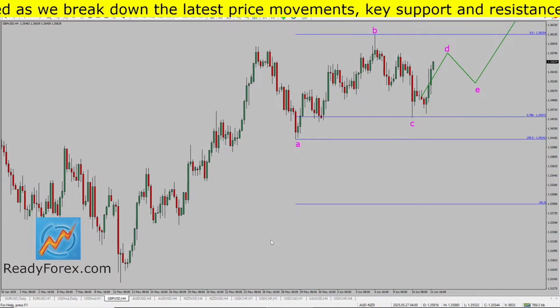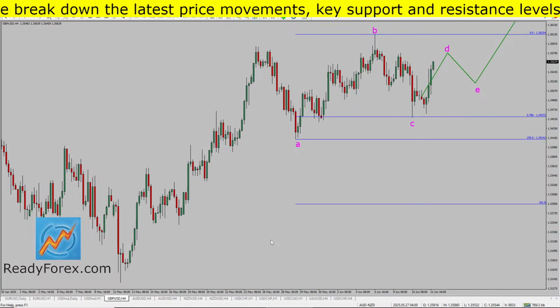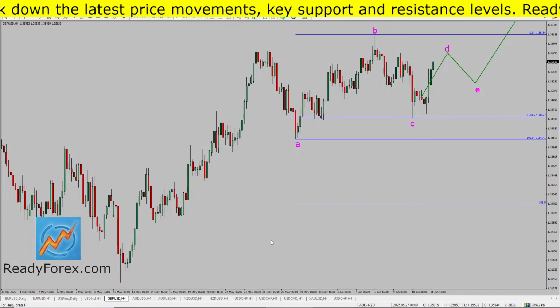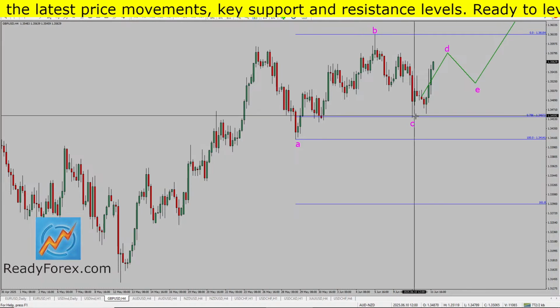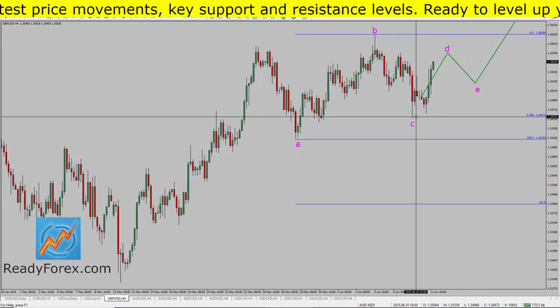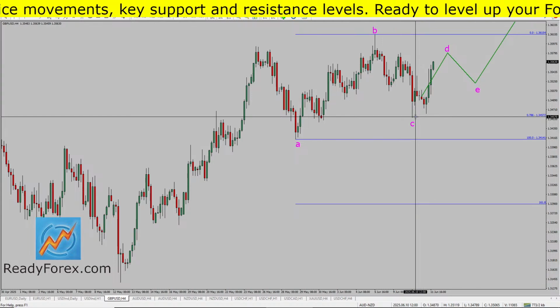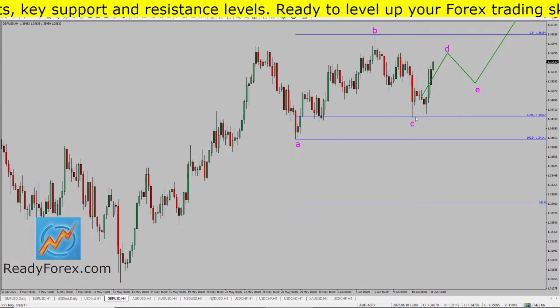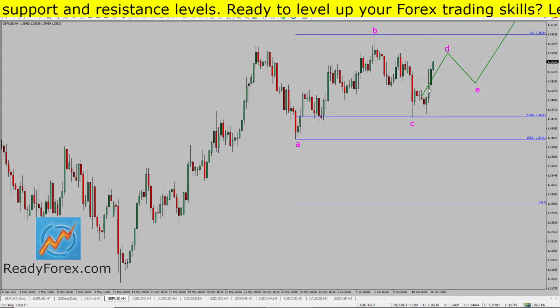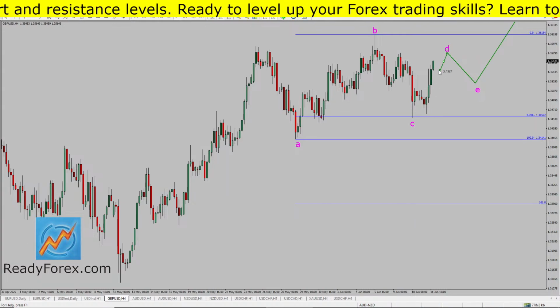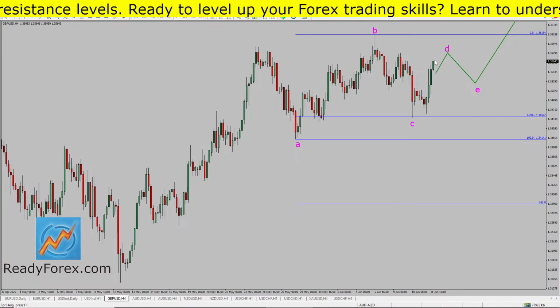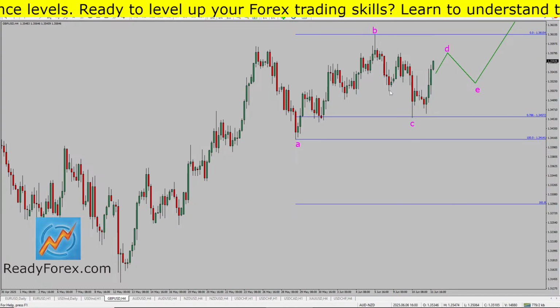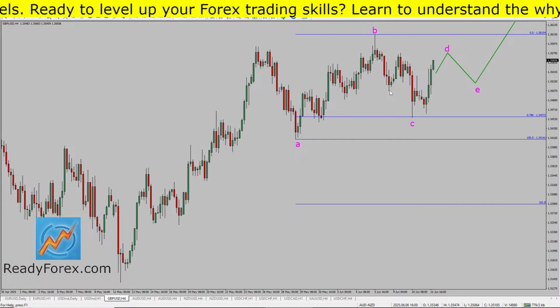Okay, next one is the pound dollar. I told you guys that we got an exact hit right at the Fibonacci retracement level at the 0.786 area. So yesterday when I did the analysis, you can check out the previous video as well. It's still available online, the live stream. I told you guys that I expect bullish price action inside the GBPUSD currency pair.